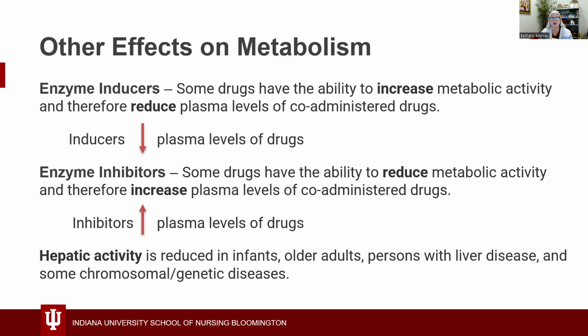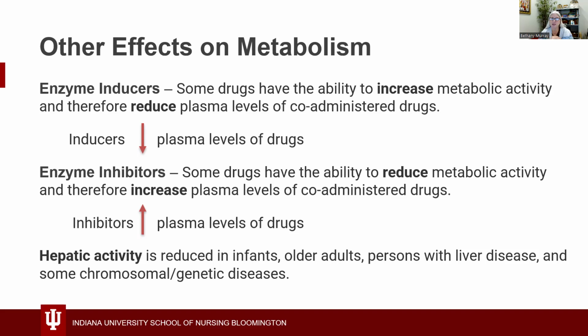I gave you the example earlier of fluoxetine or Prozac and a blood pressure medicine, and therefore they will increase plasma levels of co-administered drugs. So then the person will have higher blood levels and be more likely to have adverse effects, side effects, even toxic effects.